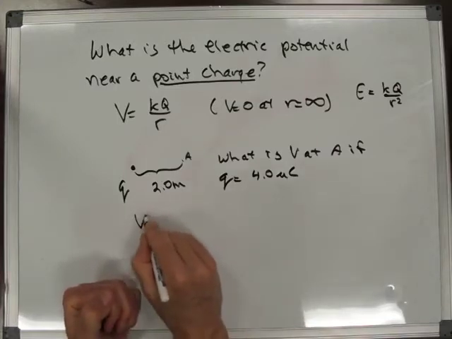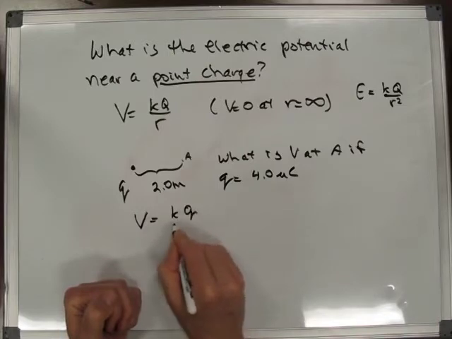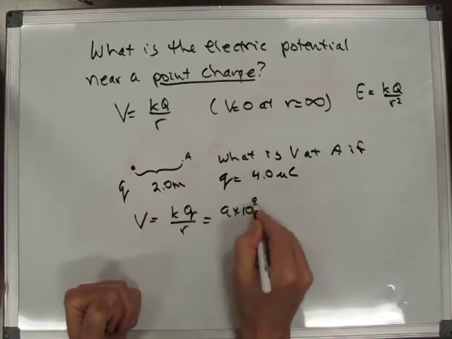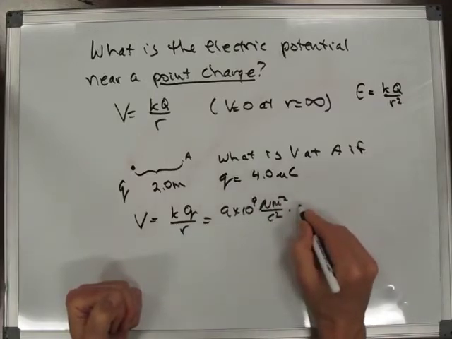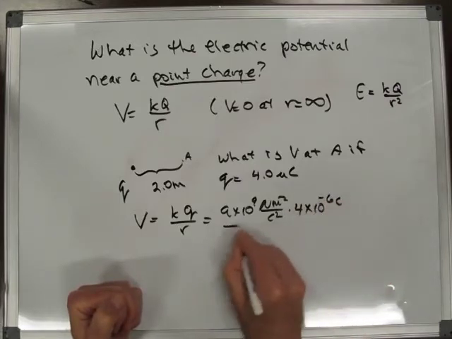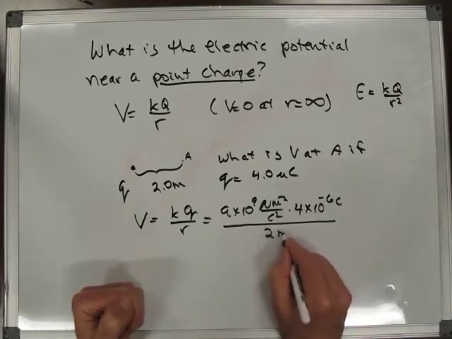And so V is equal to kq, I'll just do it lowercase, over r, which is 9 times 10 to the 9th newton meter squared per coulomb squared times 4 times 10 to the minus 6 coulombs divided by 2 meters.